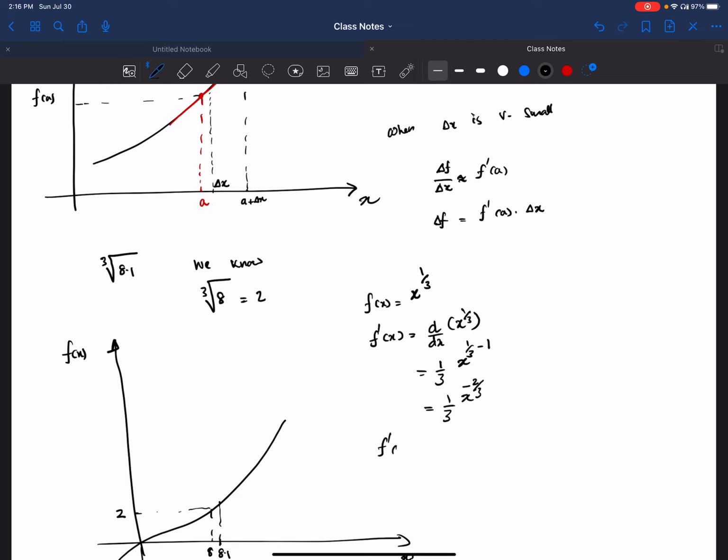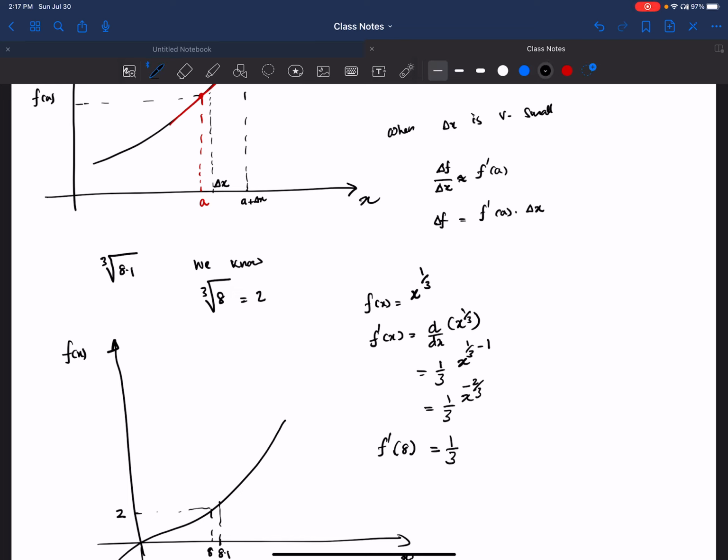So f prime of a, or f prime of 8, is equal to 1/3 times 8 to the power negative 2/3.